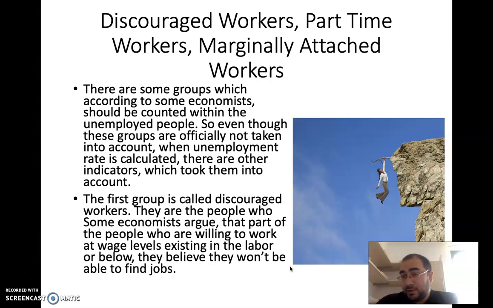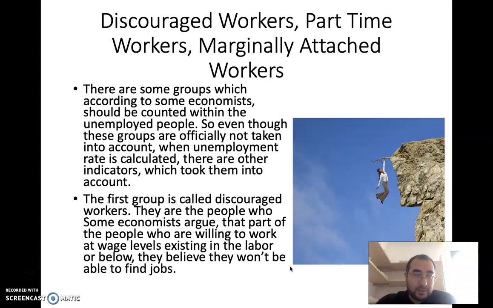But those people are also reflecting, you might say, people who can potentially find better jobs: permanent jobs for marginal workers, full-time jobs for the part-time workers, and any job for the discouraged workers.